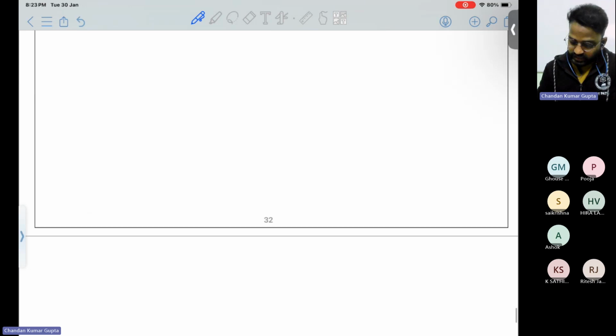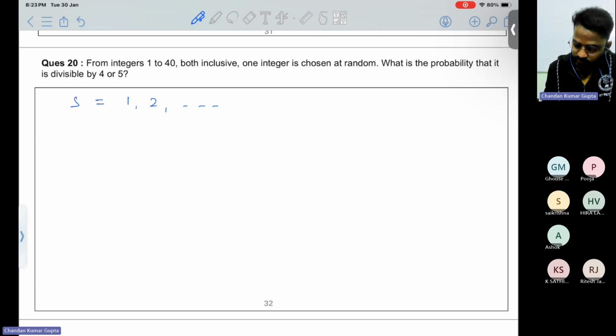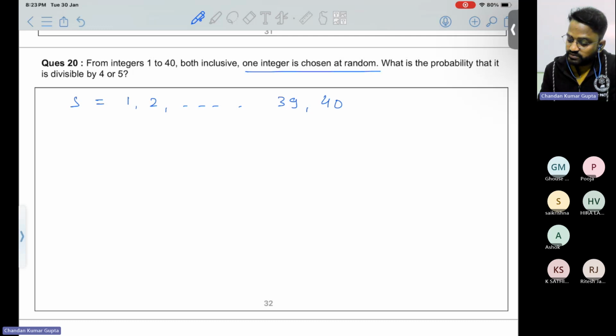Now the last question. From integers 1 to 40, both inclusive. Our sample space is like this: 1, 2, up to 39, 40. One integer is chosen at random. What is the probability that it is divisible by 4 or 5?